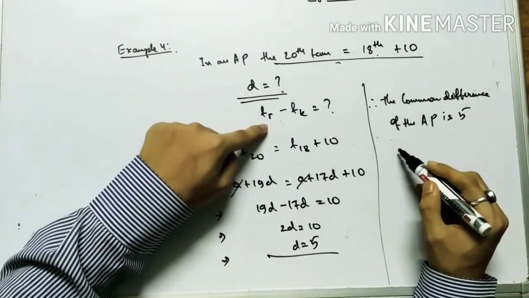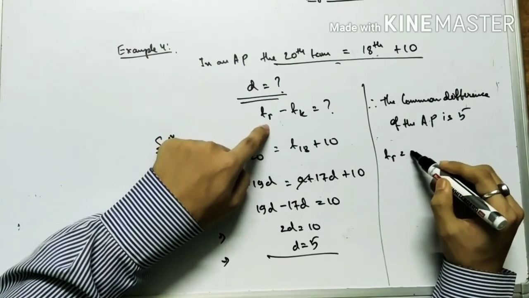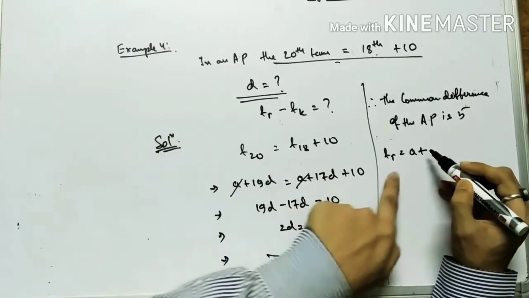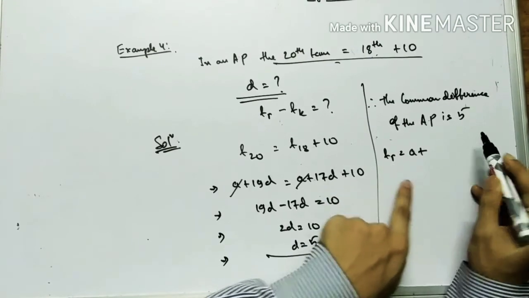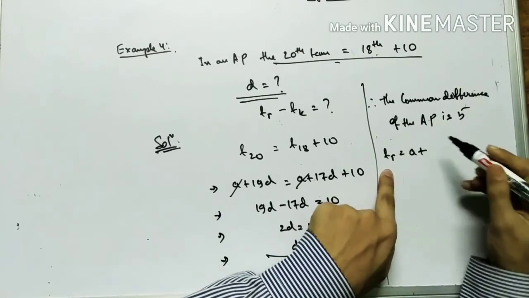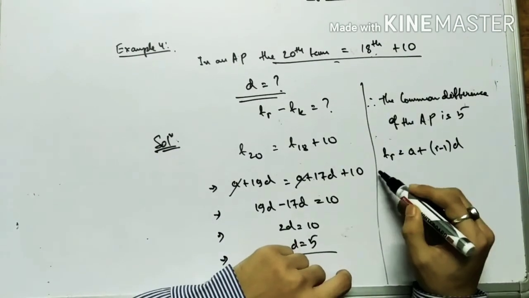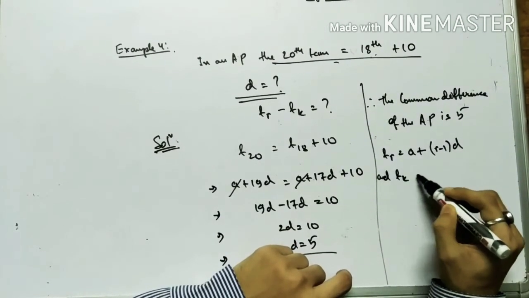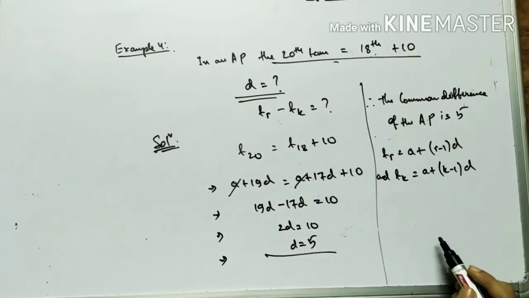So TR is equal to what? A plus, always the term number is R, so what number is multiplied with D? It will decrease by one. So A plus R minus 1 times D, and TK will be A plus K minus 1 times D.